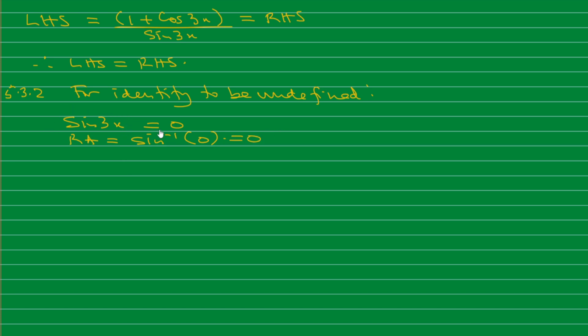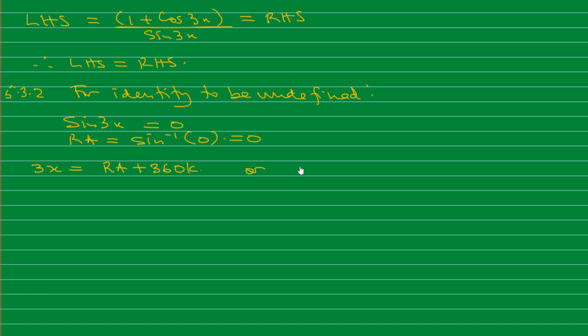Now for the sine ratio, for us to get the 3x, which is our angle now, 3x will be equal to the reference angle plus 360k. That is the first part.